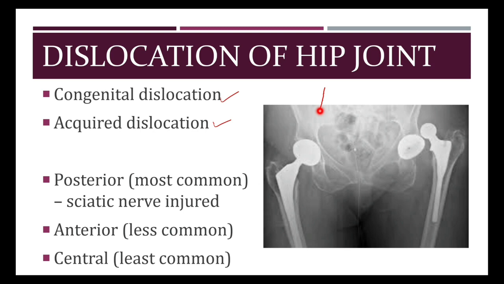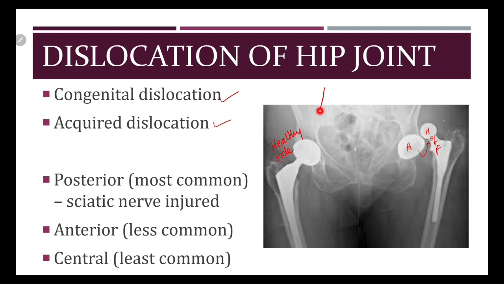The head of the femur is forced out of the acetabulum by tearing the capsule posterior-inferiorly and lies in the lateral surface of ilium. So here in this radiograph X-ray, you can see this femur outside the acetabulum. This is the healthy side, this is the dislocated side. And here you can see the femur is out of the acetabulum.